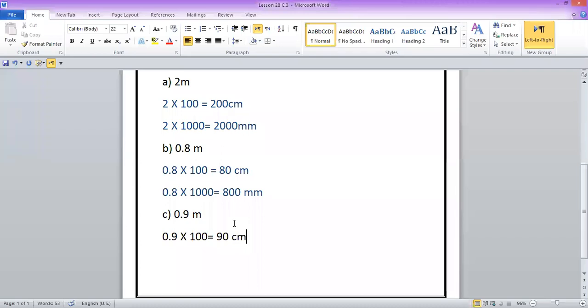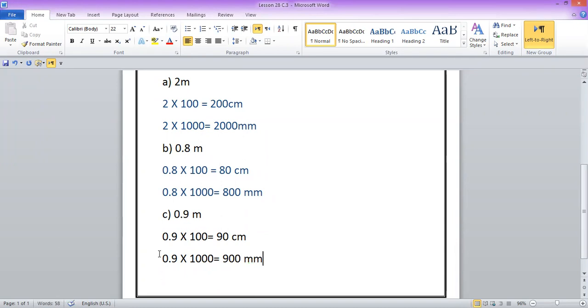Ahmad Jibrail, very good. Jihad Al Sayyid, very good. It will be 90 centimeter. That's very good. And for millimeter, 0.9 multiplied by 1000, and that will be 900 millimeter.